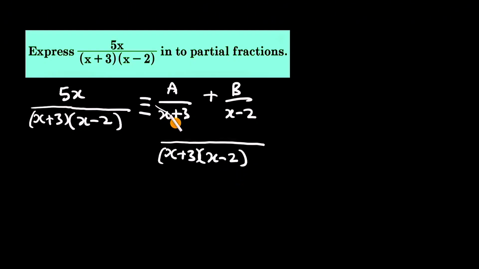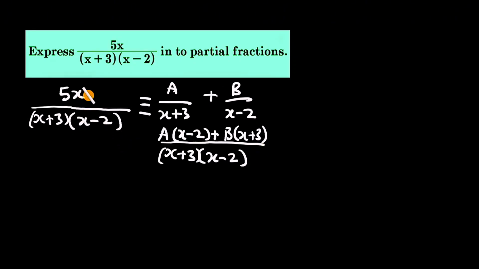You see, x plus 3 goes here x minus 2 times. That is, x minus 2 times A is A into x minus 2, plus x minus 2 divided into x plus 3 times. That is, x plus 3 times B is B into x plus 3.